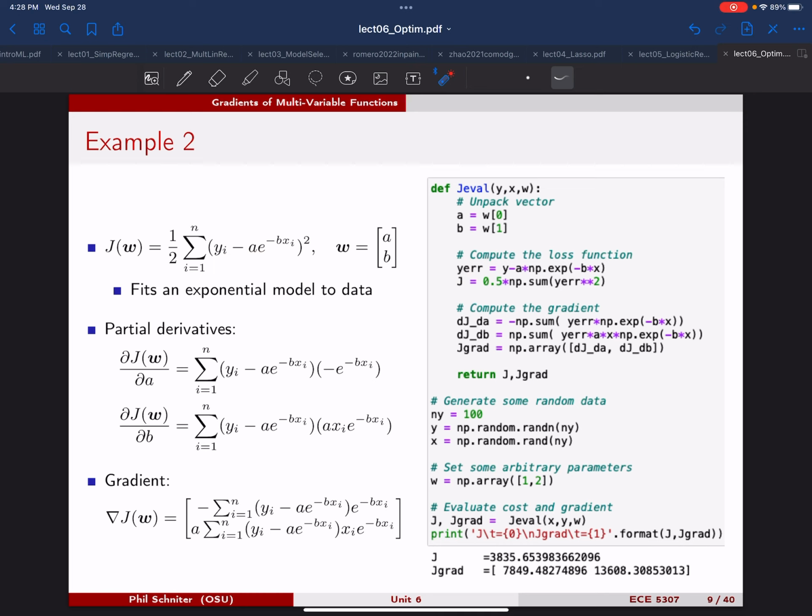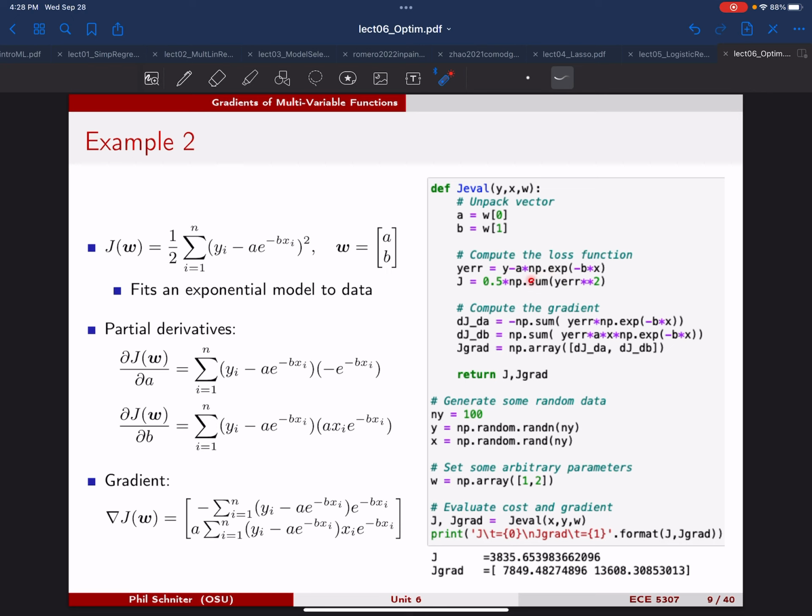Here this is written as a sum over the individual terms yi and xi, where y and x are vectors containing all our training samples. So we can use Python's ability to do computation on vectors, like y, the vector, minus this other vector.